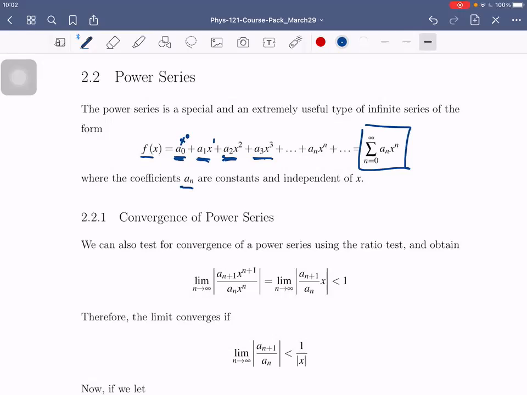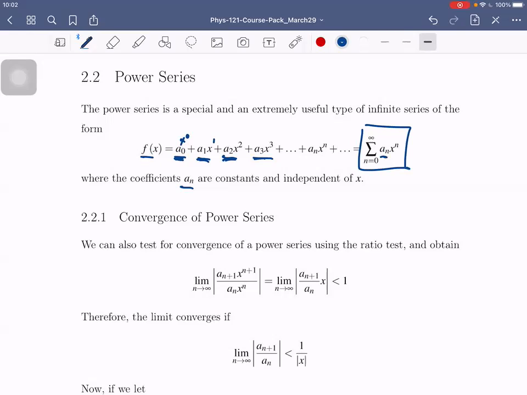Okay? So now how do we define the convergence of a power series? So similar sa mga nag-discuss na natin, we can test for the convergence. Since power series siya, mas madaling gamitin ang ratio test. So using ratio test, we just have to take the limit of a sub n plus 1 over a sub n. So in this case, okay, malilito dahil may a sub n na tayo dito eh.